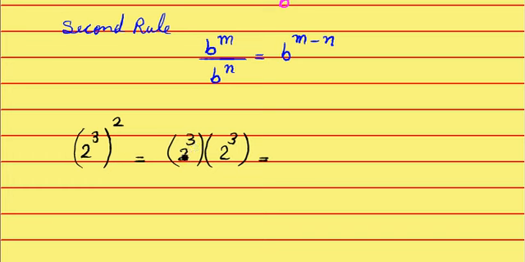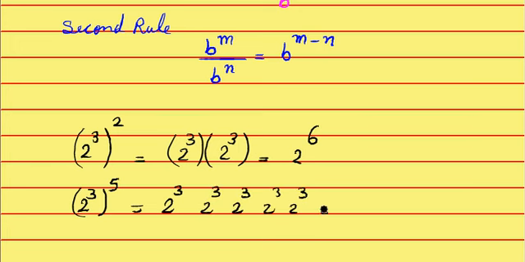Now I have 2 repeated here 3 times, and then again another 3 times, so there is going to be a total of 6 times, so 2 to the power of 6. Where did 6 come from? 3 plus 3 is 6. Let's try this again. If I have 2 cubed to the power of 5, that means 2 cubed times another 2 cubed times another 2 cubed, and so on. Now I have to add up all these exponents.